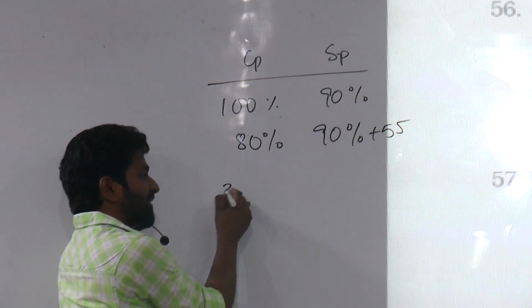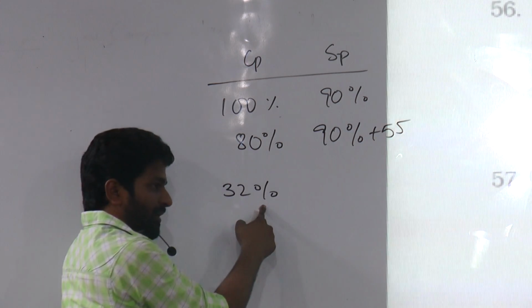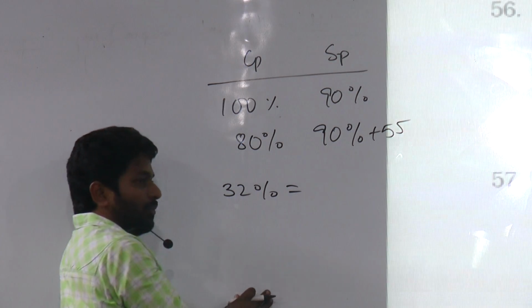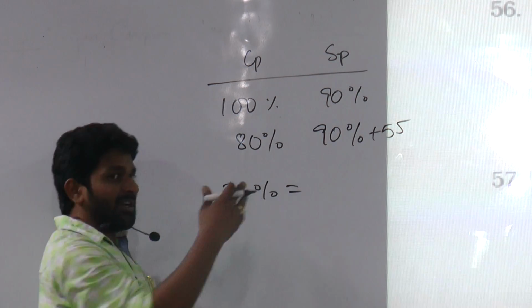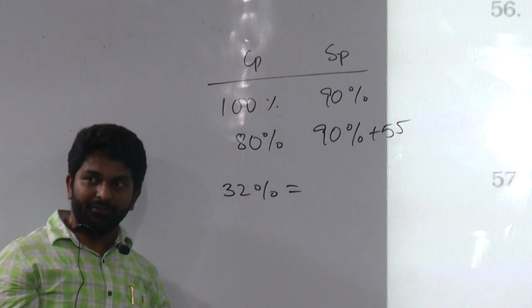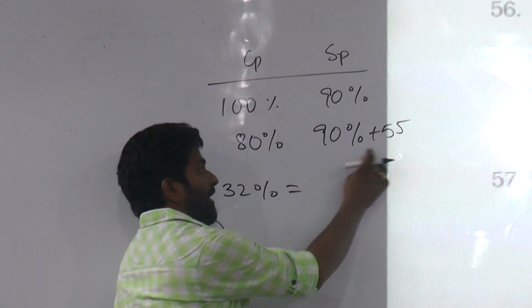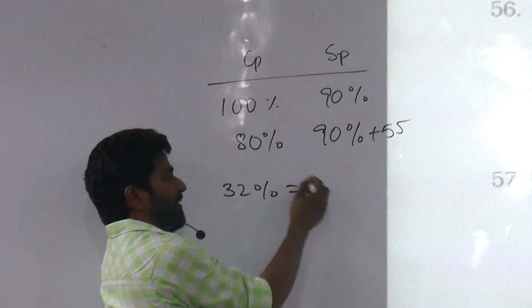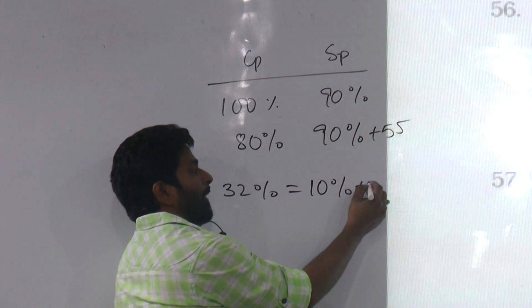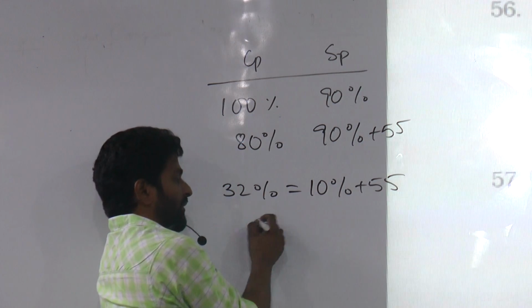So in terms of percentage, we calculate it as 32%, and that will be equal to selling price minus cost price. That's what you mean by profit. Yes or no? 90% plus 55 minus 80% will be equal to 10% plus 55.